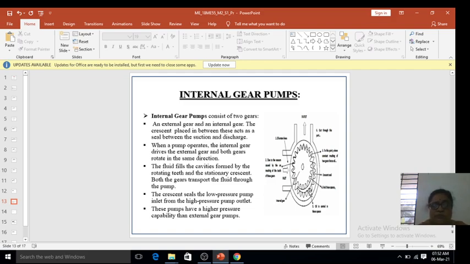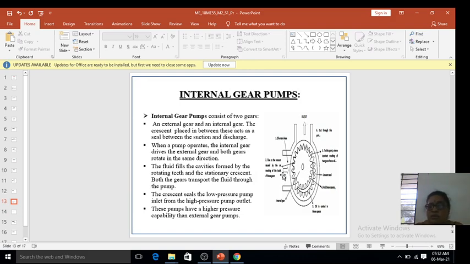The fluid fills the cavities in the periphery formed by the rotating teeth and the stationary crescent seal. Both the gears transport the fluid throughout the pumping. The crescent seal separates the low pressure pump inlet from the high pressure pump outlet. These pumps have higher pressure capabilities than the external gear pumps. So you can observe here the inlet and the outlet.